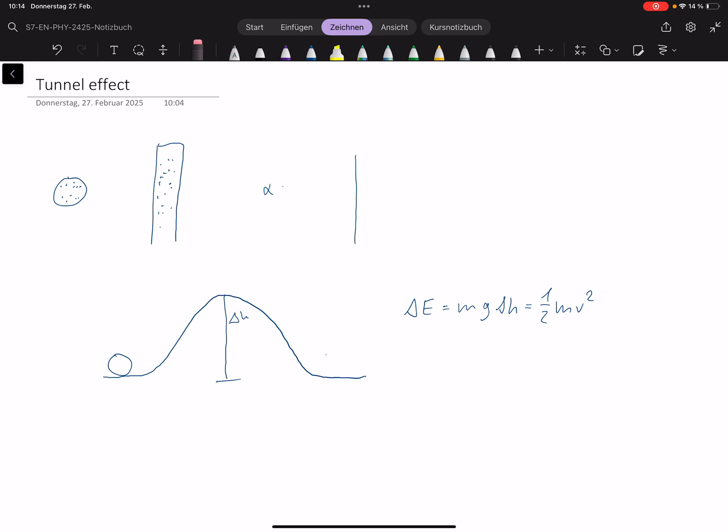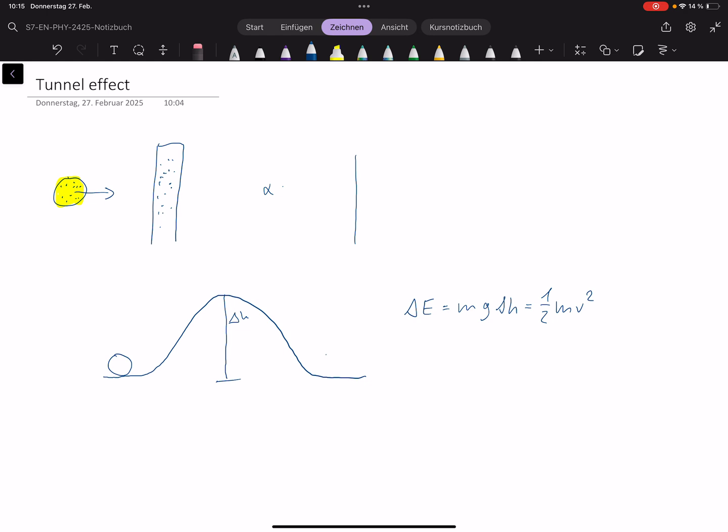So let's consider a football that we shoot at a wall. And what's going to happen is the football just bounces off the wall. That's not unexpected. Why is that the case?